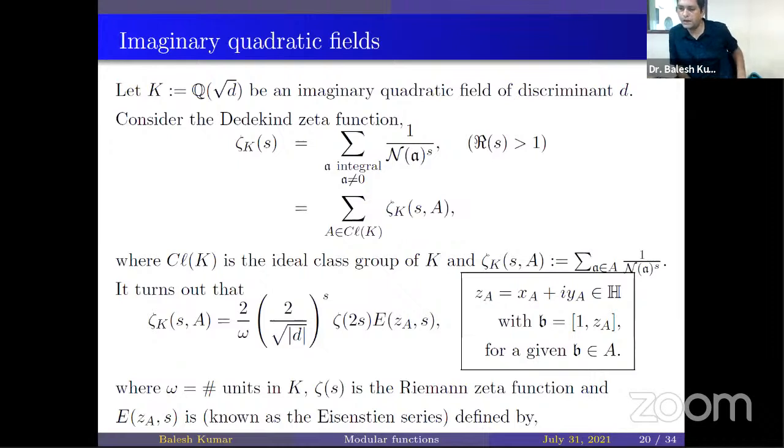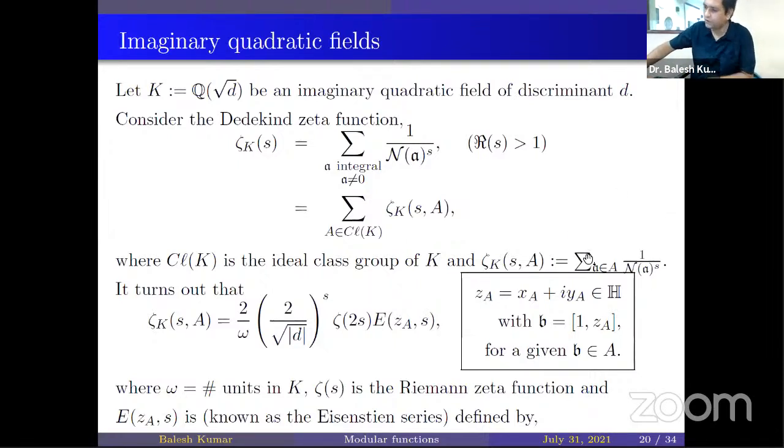And therefore, one can rearrange the terms and write this Dedekind zeta function as a sum of partial zeta functions, where the sum runs over the ideal classes in the ideal class group, and zeta_K(s, A) is the partial zeta function corresponding to this ideal class A. So the Dedekind zeta function can be written as a sum of partial zeta functions for real part of s bigger than 1.